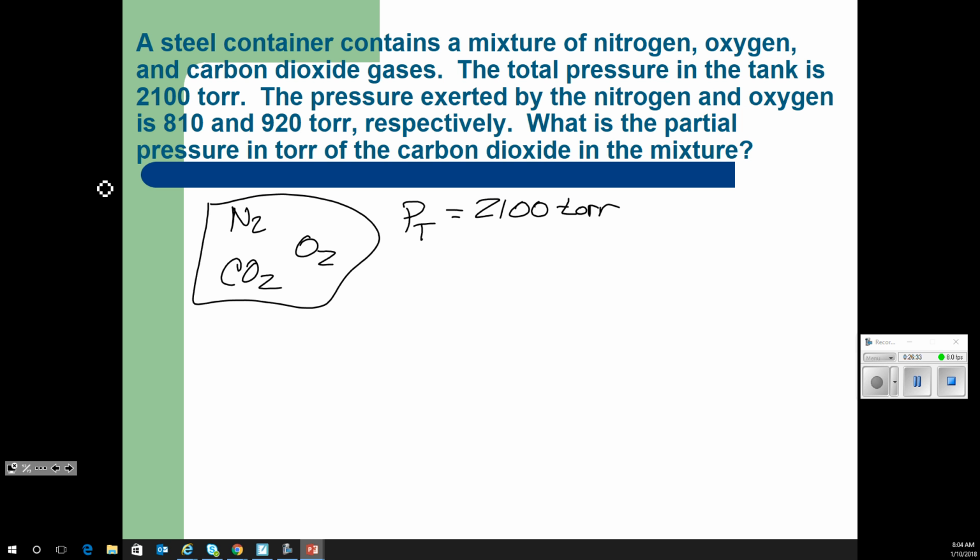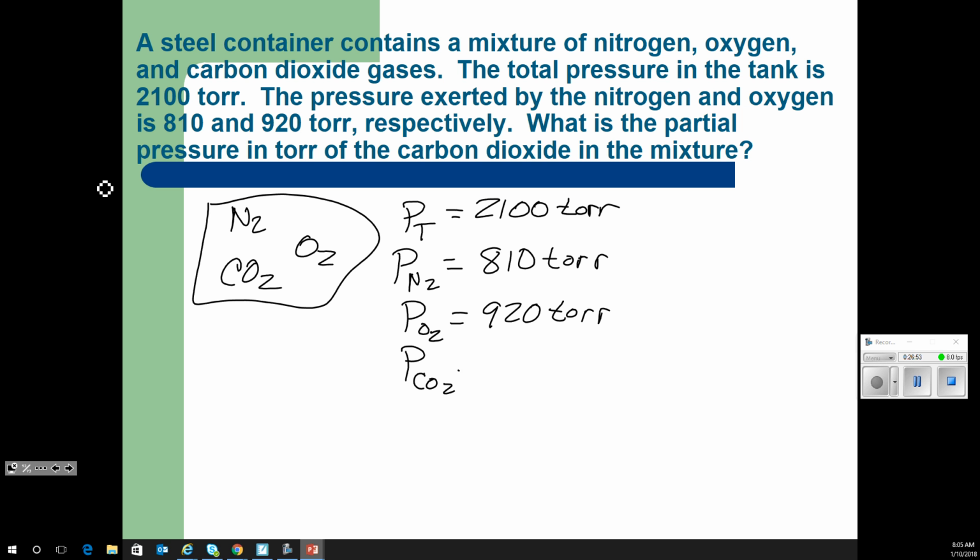The pressure exerted by nitrogen, PN2, and oxygen is 810 torr, and P of oxygen is 920 torr, respectively. What is the partial pressure of carbon dioxide?